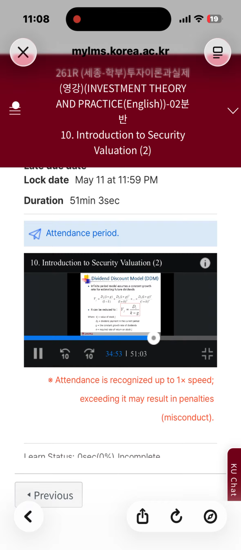And if we assume that dividends grow at a certain infinite growth rate, we call it the constant dividend growth model. So if the number of periods n goes to infinity, the model converges as follows, as here.